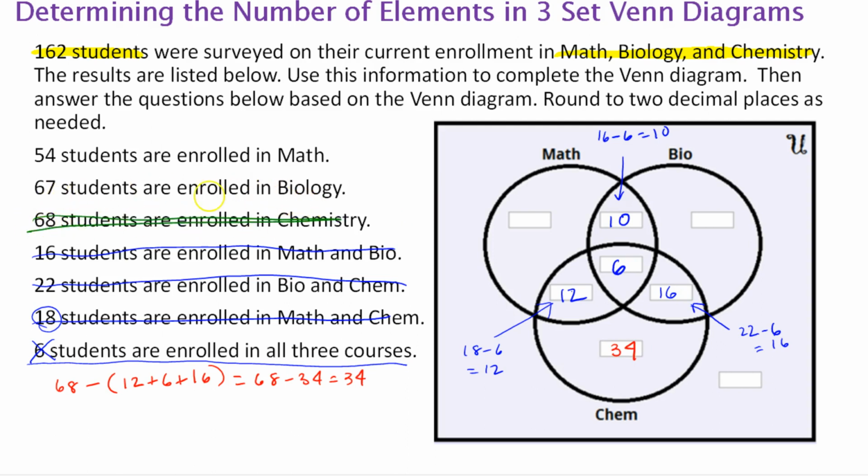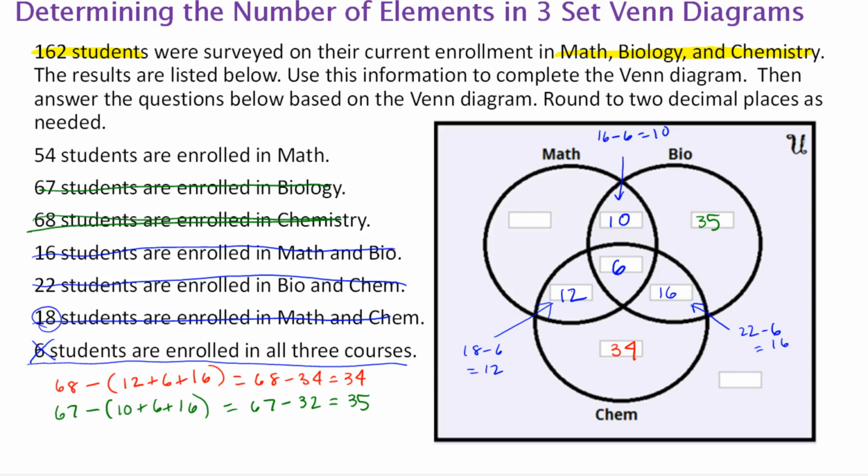Next we have bio. There's 67 in bio. And the other 3 pieces are 10, 6, and 16. So they sum up to 16 plus 16 is 32. So we want to subtract 32 from 67, which gives us 35. So there's 35 people who took only bio.